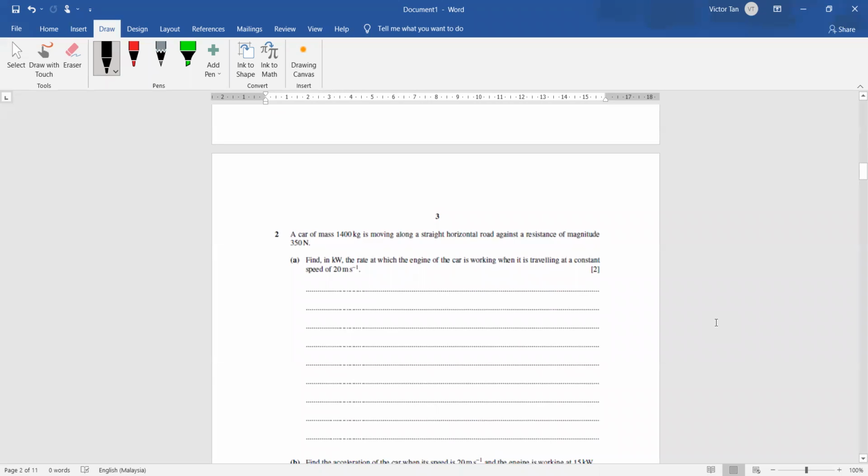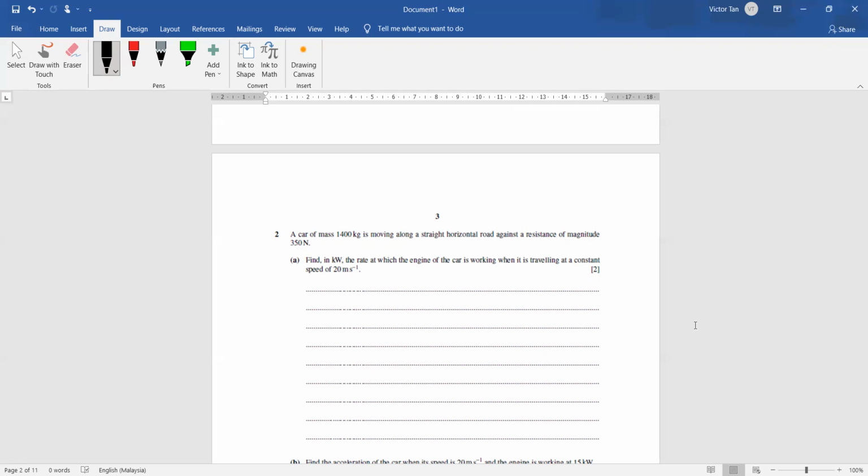A car of mass 1,400 kg is moving along a straight horizontal road against a resistance of magnitude 350 Newton. Find in kilowatts the rate at which the engine of the car is working when it's traveling at a constant speed of 20 meters per second. There is a resistance of magnitude 350.